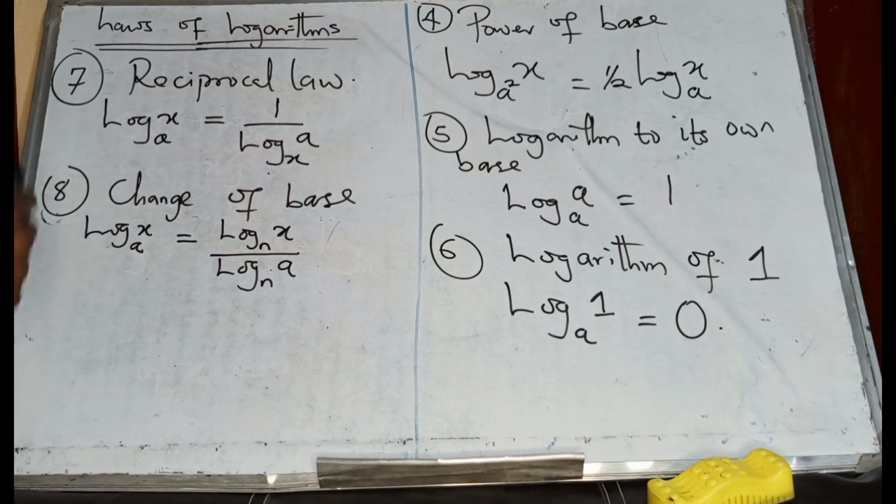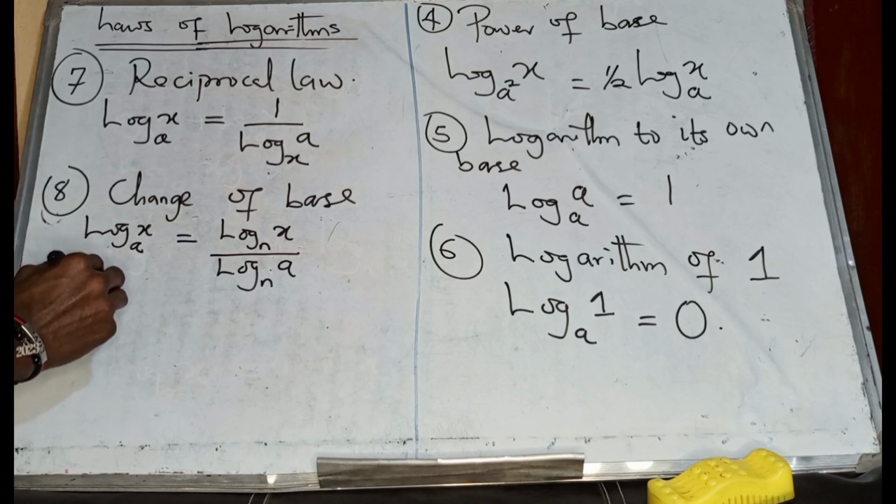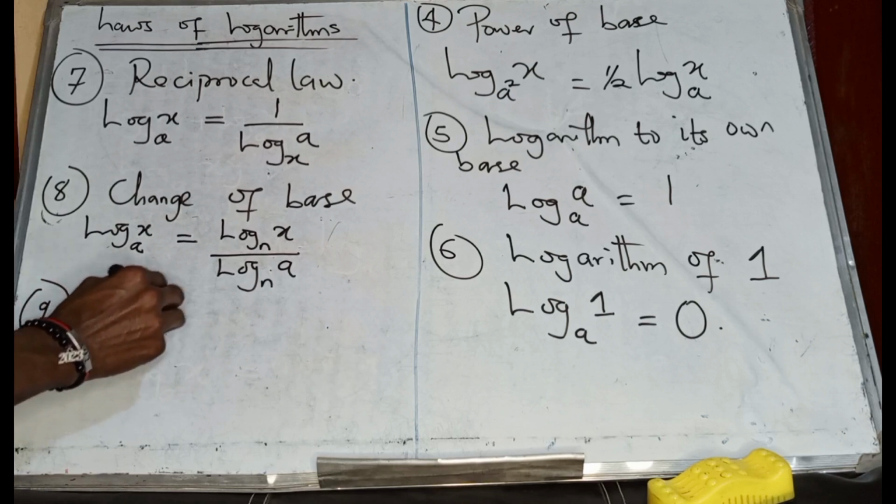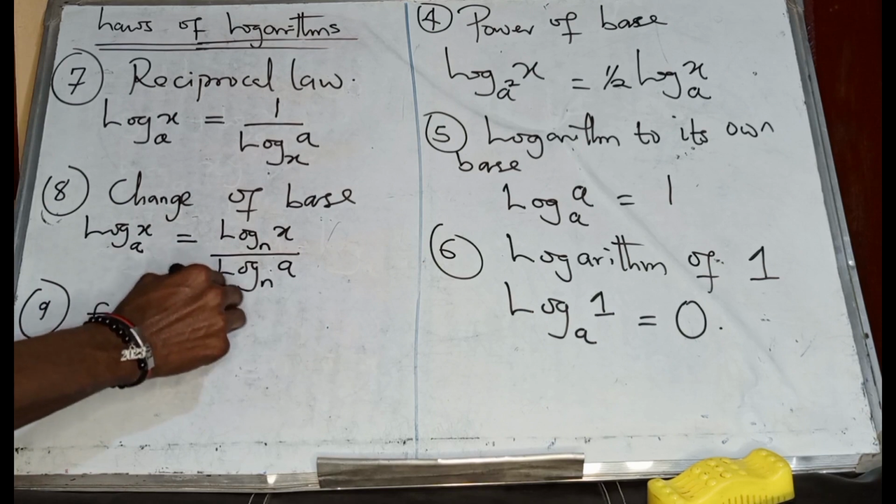Is that clear? So number 9 is what I call the exponential logarithm.